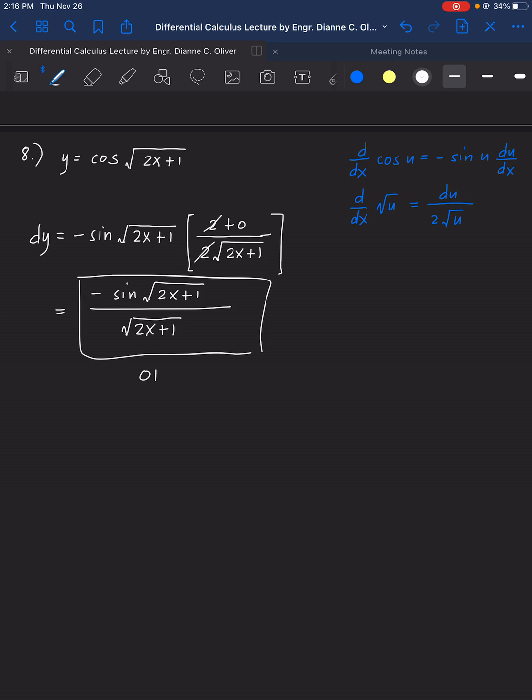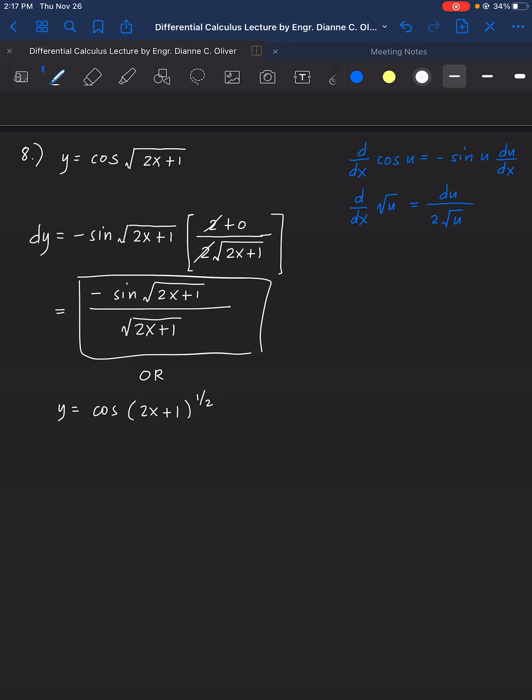Actually, there's another solution here. If you're not into the radical sign, but you're a fan of the power formula, you can use the power formula here. So we can convert this to cosine of 2x plus 1 raised to 1/2.